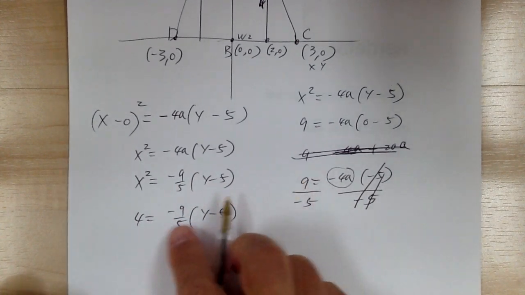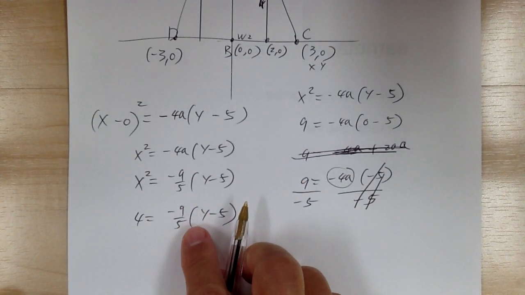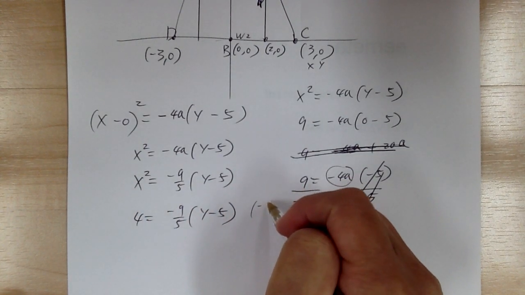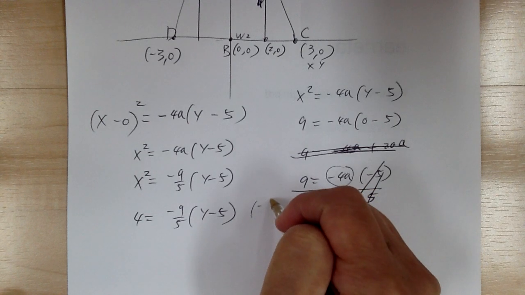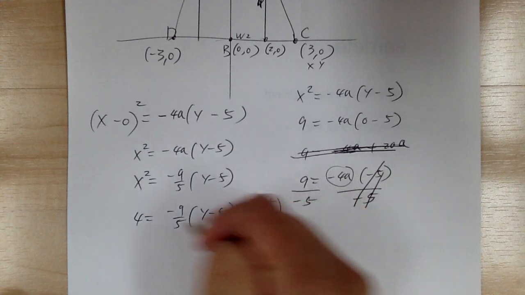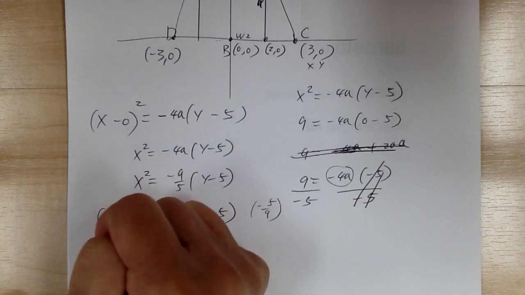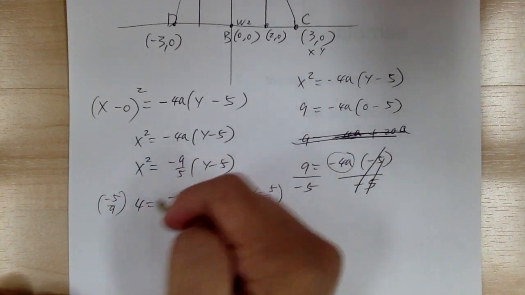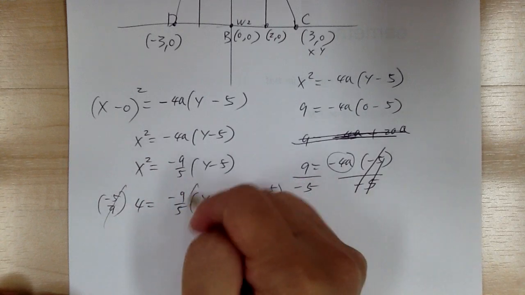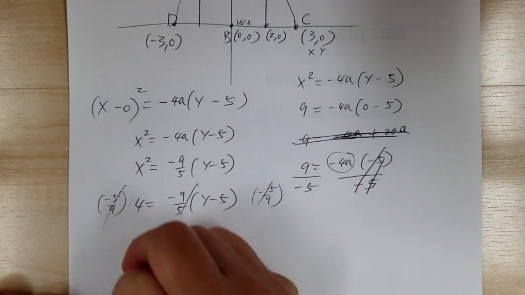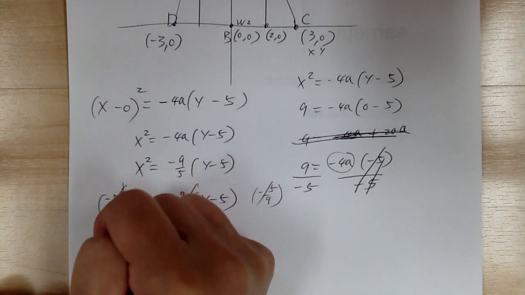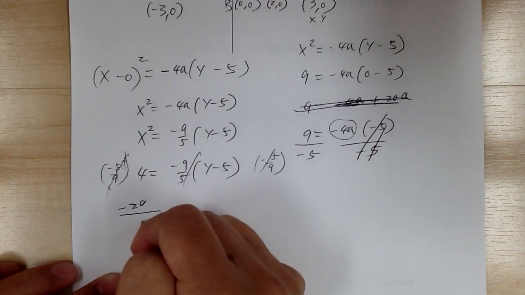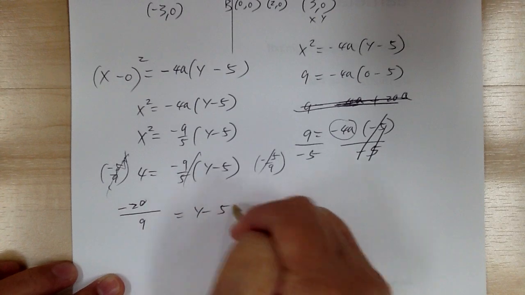Go ahead and multiply by negative 5 over 9, so that this will cancel out. It will be negative 20 over 9 equal to y minus 5.